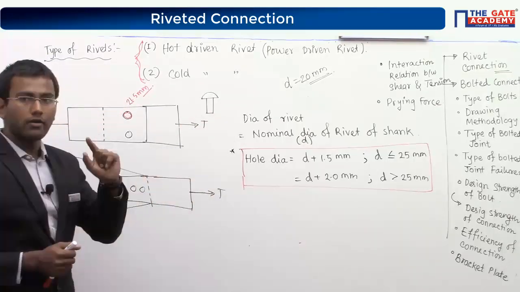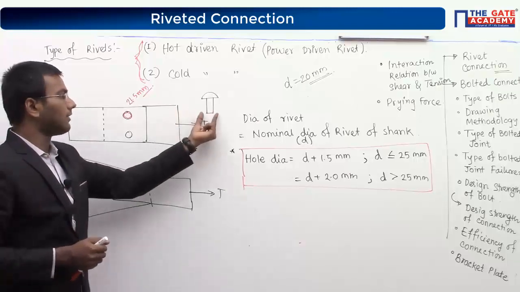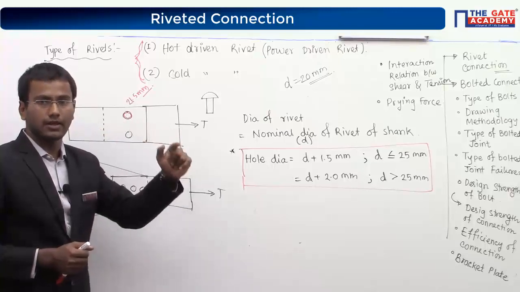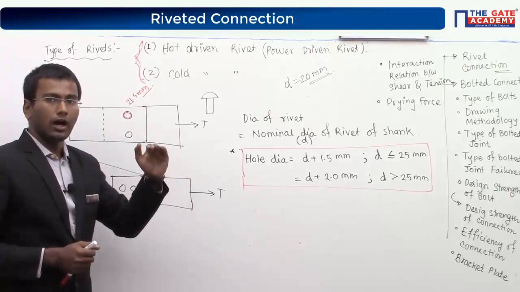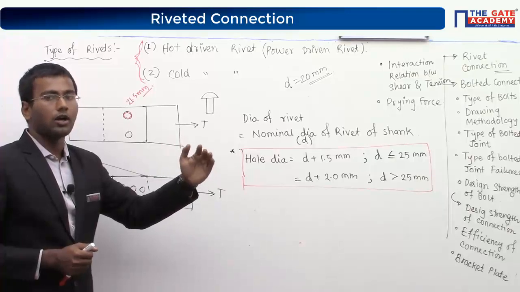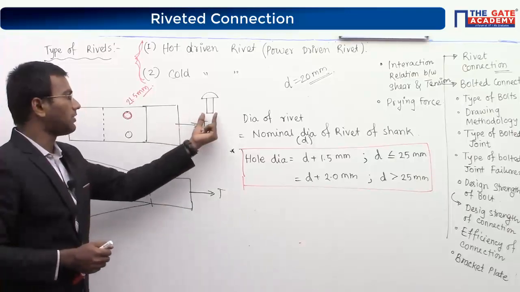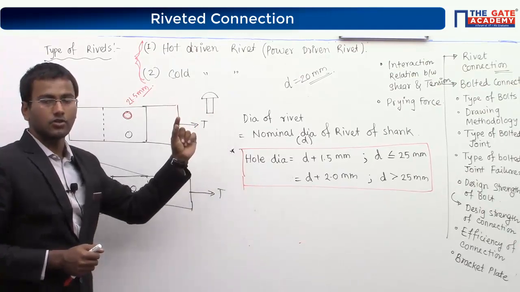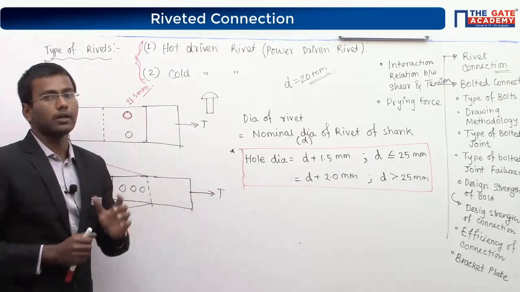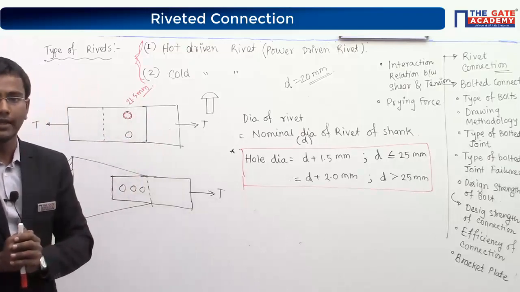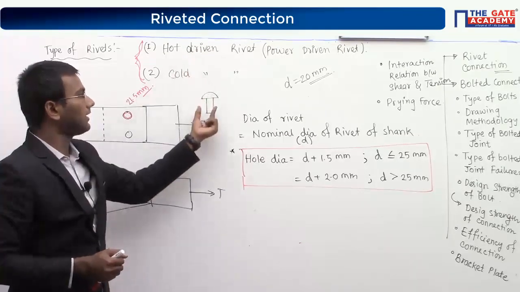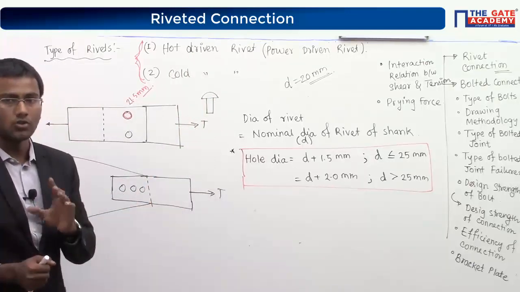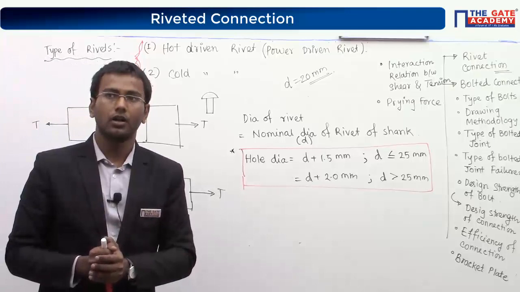Now what have we done in hot riveting? We have done the hammering process at the increased temperature. So when it is cooled down to normal temperature, the nominal diameter of the rivet has decreased. So it means the connection will become loose. That's why hot riveting has lesser strength, but in cold riveting it is done at normal temperature, so there is no connection issue. I hope it is clear.